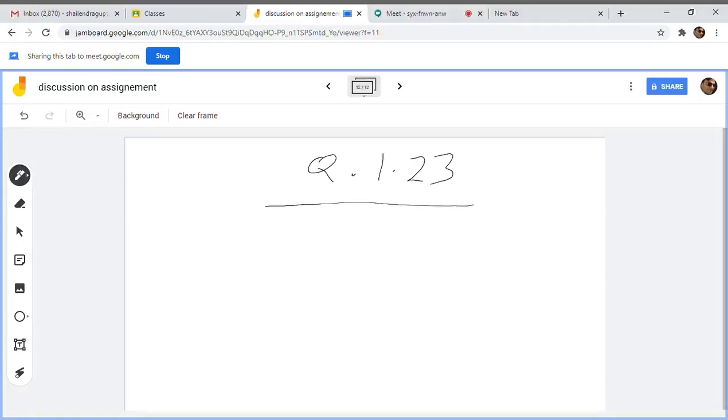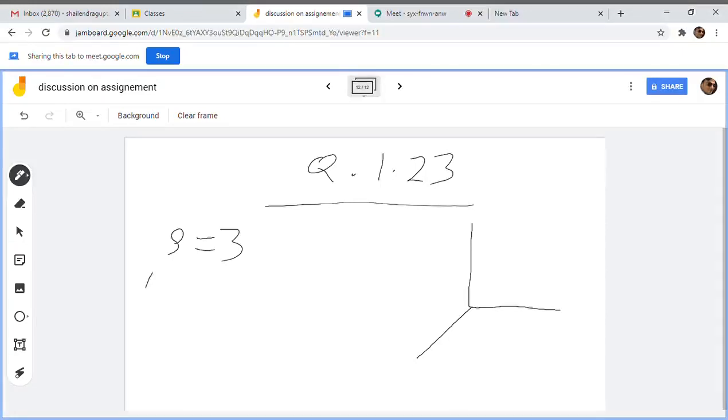Here it is rho is equal to 3. A surface has been talked about, rho is equal to 3 in the cylindrical coordinate system. So what do you mean by rho is equal to 3? Can anybody guess what it will look like? Let me just help you out.